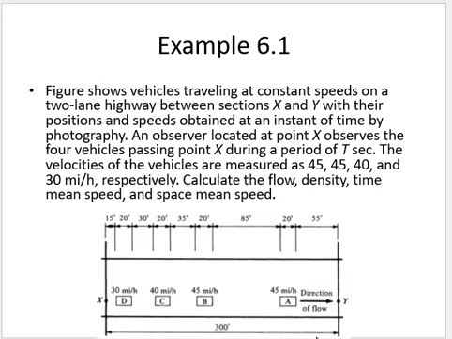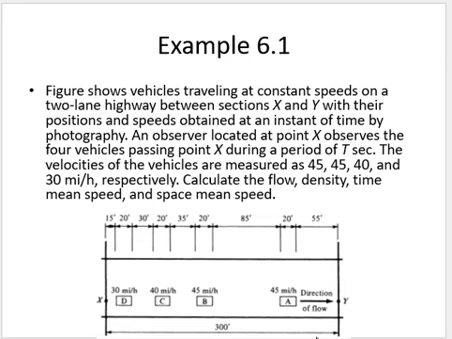Flow. What was flow? Number of vehicles in 1 hour, right? Is it 1 hour? No. So what were we doing? I need Q. There was an equation, right?